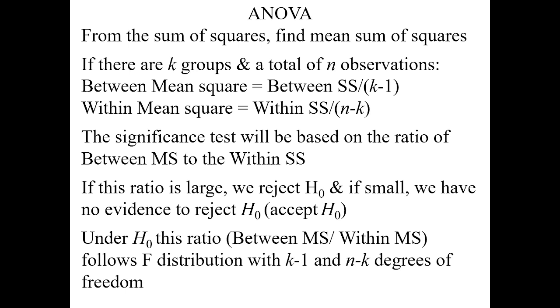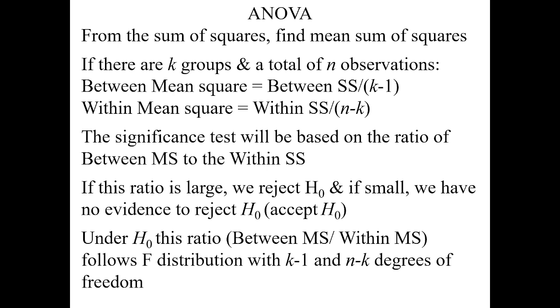If this ratio is large, it means the between group average sum of squares is very high compared to the within group one.